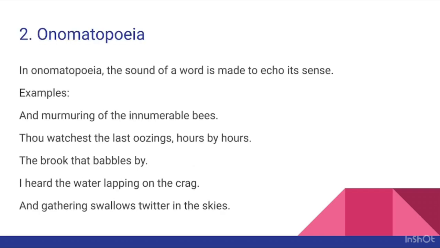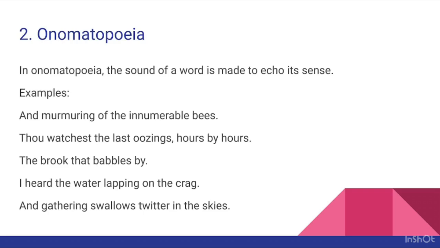Now let us move on to the next figure of speech, which is onomatopoeia. In onomatopoeia, the sound of a word is made to echo its sense. Examples like, "and murmuring of the innumerable bees." Let me read all the examples, then I shall explain together. "Thou watchest the last oozings hours by hours."